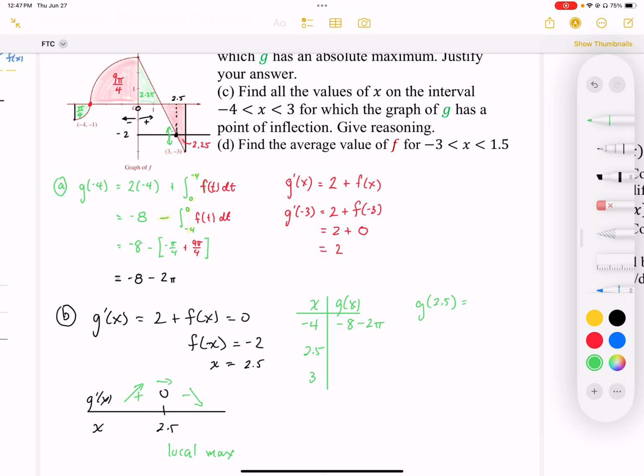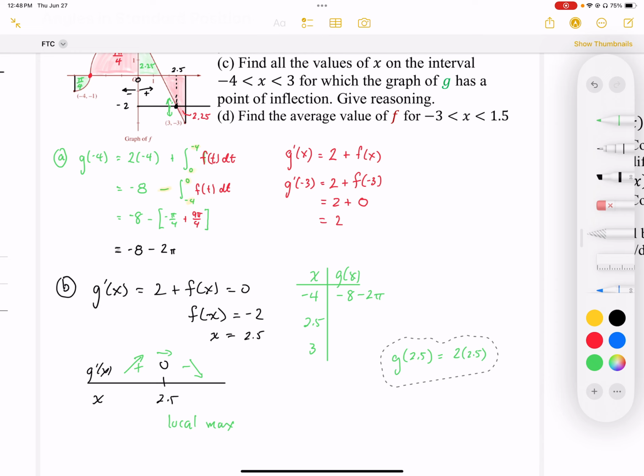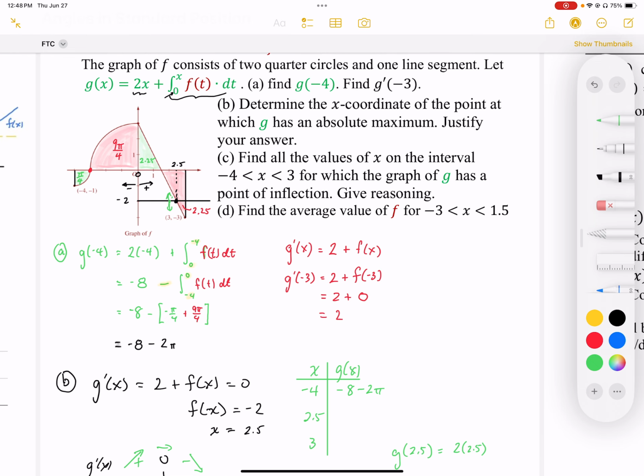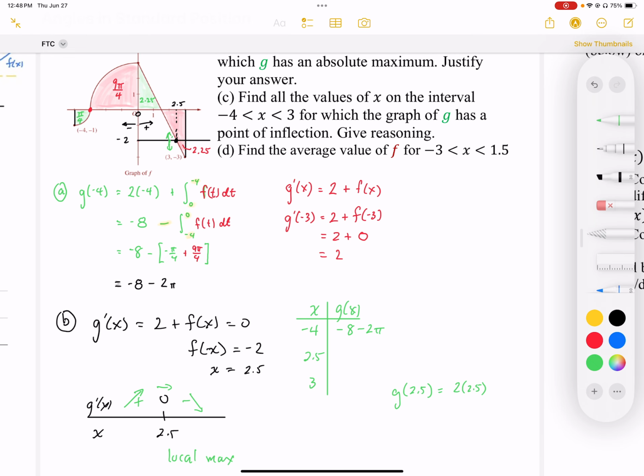So at x equals 2.5, it's going to be 2 times 2.5 plus the area underneath the curve from 0 to 2.5, and that's under the graph of f.